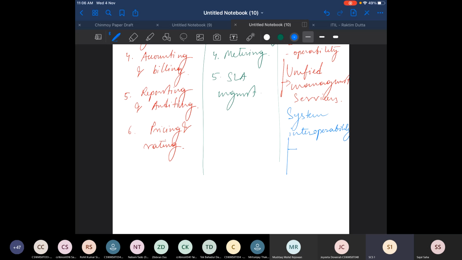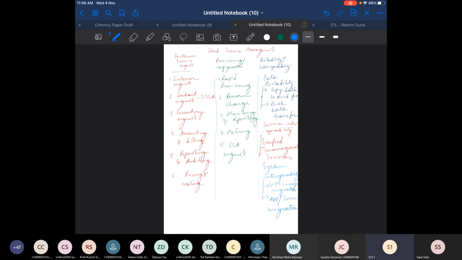System interoperability is of two kinds. One is VM image migration. The other is app or service migration. So please note down all those points, because these are the third level sub layers.